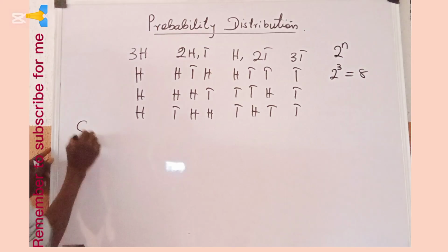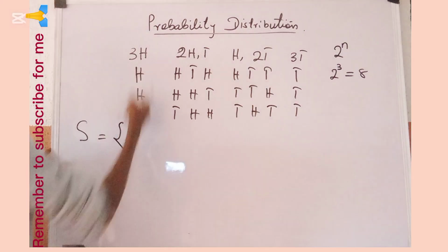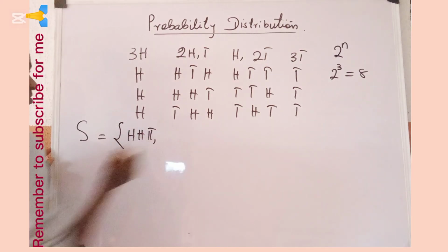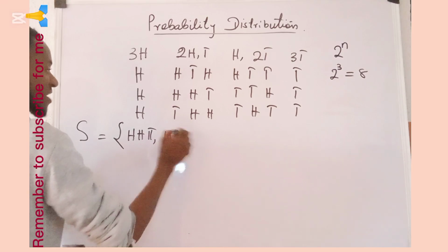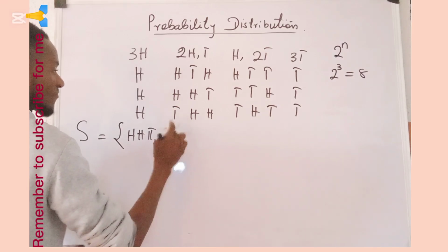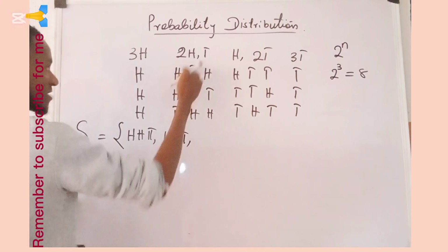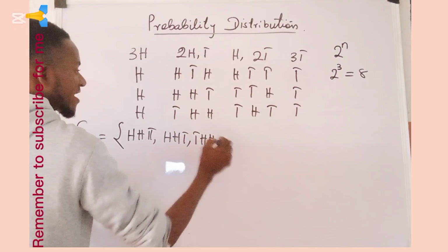In that case, S is given as a set containing, the first one I have here is head, head, head, comma. We come over here, we have head, head, tail. Then we are here now. We have head, tail, head, comma.